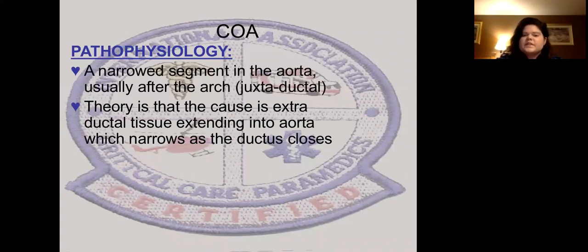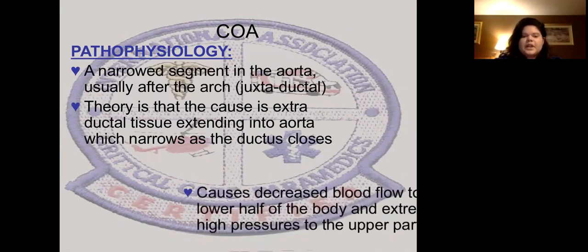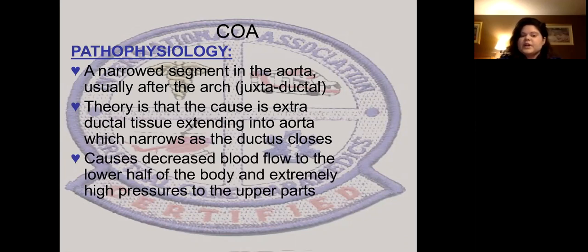One of the theories is that there's extraductal tissue in the aorta, which will narrow it. And it's going to cause decreased blood flow to the lower half of the body and extremely high pressure to the upper parts. So if you can see that as like a straw, and the straw turns into a cone type closure almost.